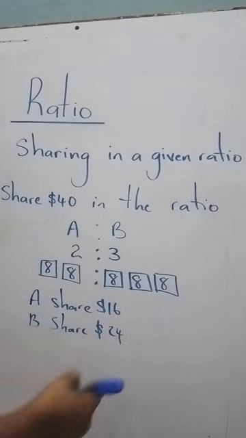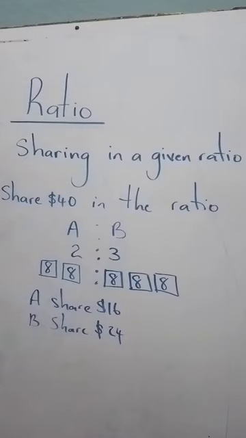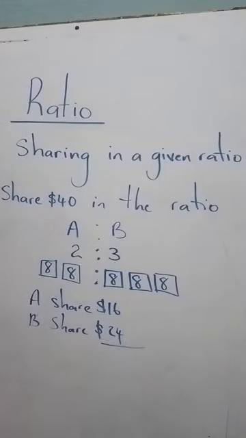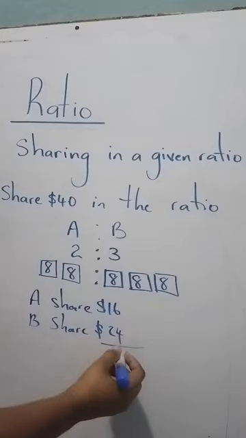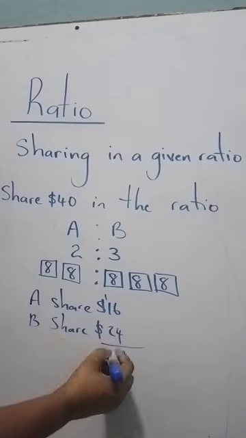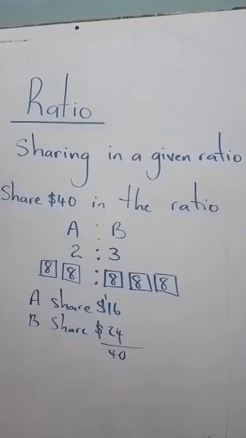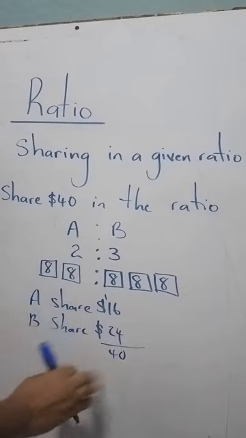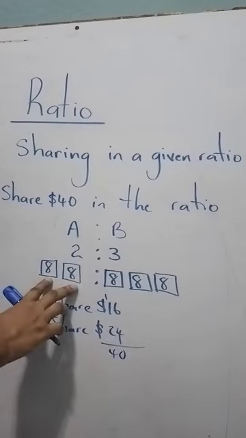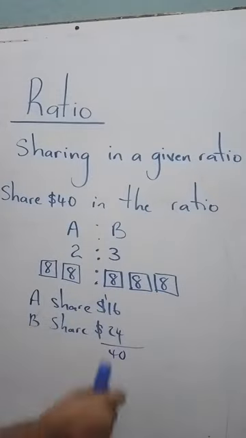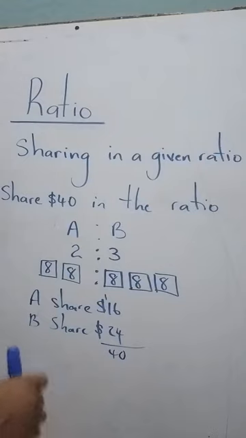So B's share is $24. And I could double check my answer by adding it all up to see, do I get back that $40? 6 and 4 is 10. 1 and 1, 2 and 2, 4. That's a total of $40. So A's share and B's share adds up to $40, such that A gets 2 equal parts, B gets 3 equal parts, and in total it was 5 equal parts that the $40 was divided into.